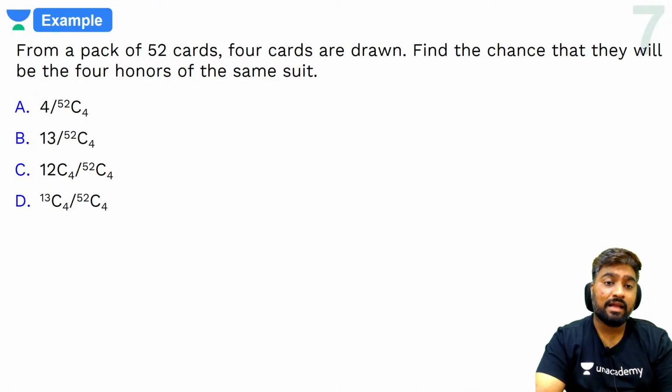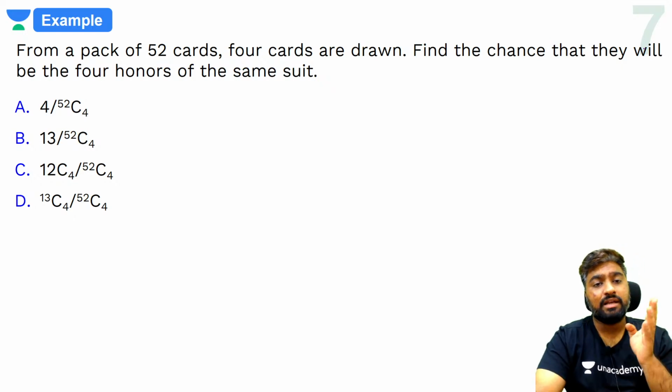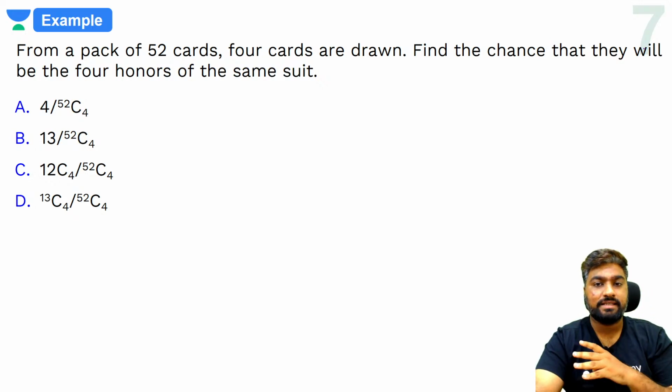Meher, because there are more than one ways of picking 4 cards, no? There are more than one ways of picking those 4 cards. I can pick up in 24 different ways.